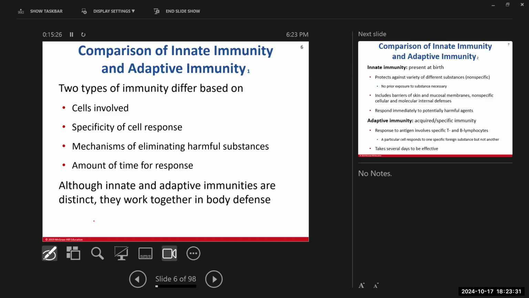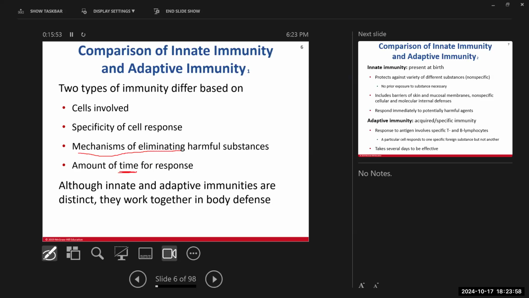Then how specifically they respond to a pathogen, and the mechanisms of eliminating harmful substances: how are they going to take out those pathogens? And then how long does it take for that immune response to occur, and how long will it last?